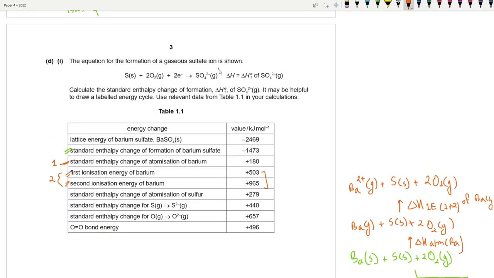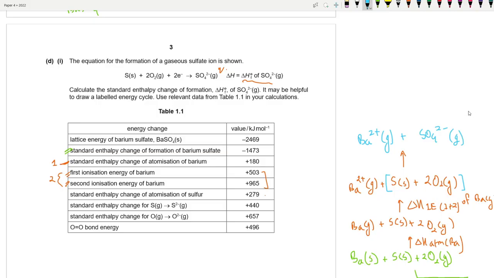So basically we need 1 sulfate anion. Okay, so you don't really need this stuff. They give you these to trick you because you directly have it. This is the formation of the sulfate anion, right? So can't you do this? Because using these two, we are going to form Ba2 plus gas plus the sulfate anion.